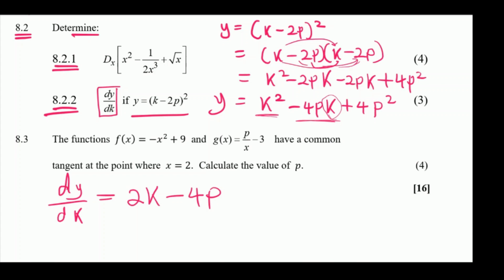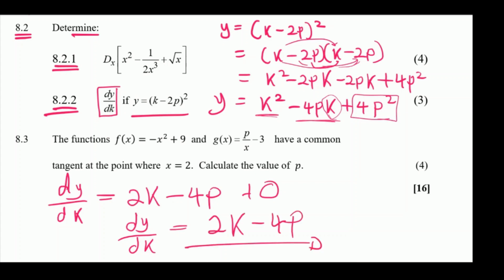Then this one here is going to be 0, so it's just going to be plus 0. So d of y over d of k is equal to 2k minus 4p. So this is the solution for this problem here.